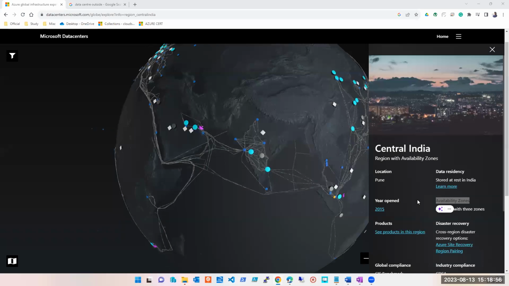Okay. So I was saying availability zone, right? You will call it that in a particular region where you have more than one data center. Only that region will be called availability zone, or a region with the availability zone feature. No one says this long statement like, do you have a region with availability zone? They will simply ask, is it availability zone?